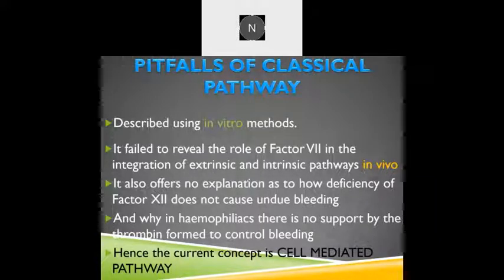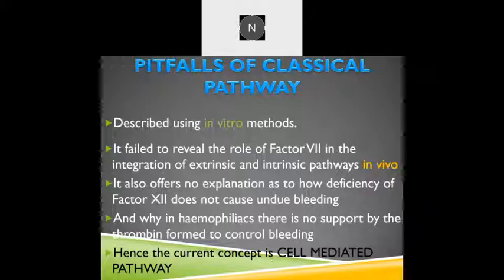It also offers no explanation how deficiency of factor 12 does not cause any undue bleeding. Even though you say that factor 12 is involved in the intrinsic pathway, if you lack factor 12, you won't have much bleeding problem. And why in hemophiliacs is there no support by the thrombin burst to control the bleeding? All these things were not explained.